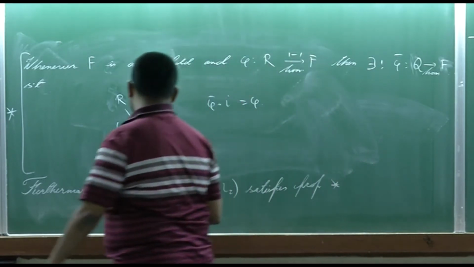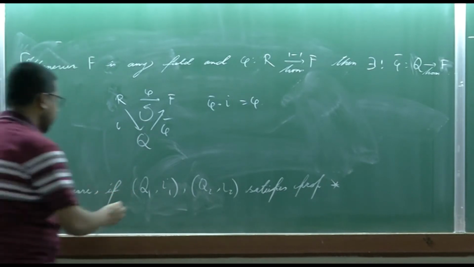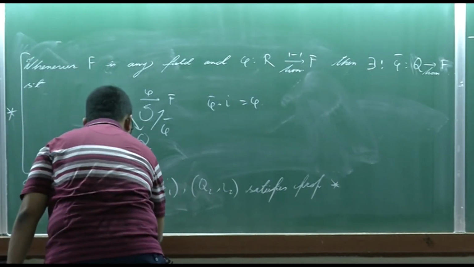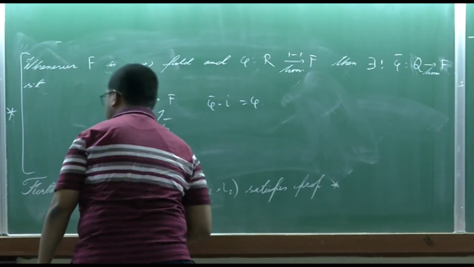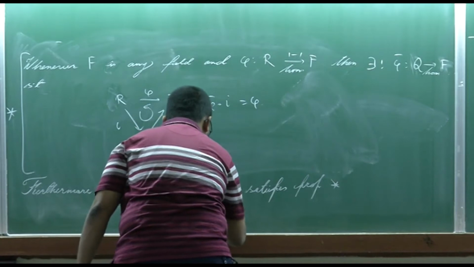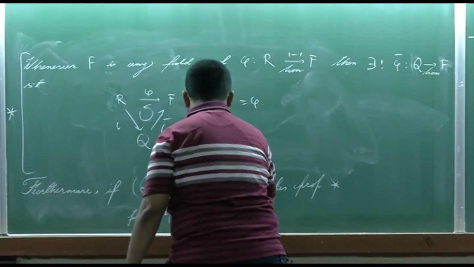So, what I mean by this is, here Q1 is a field, and I1 is a 1-1 homomorphism from R to Q1. Similarly for I2.